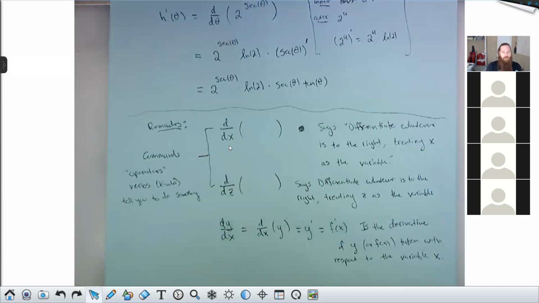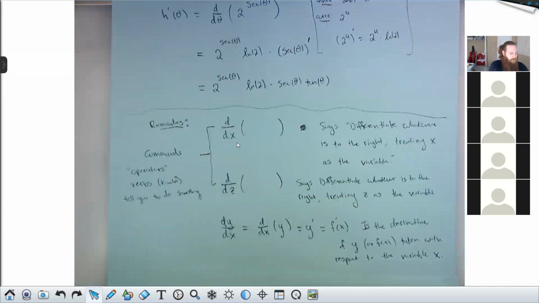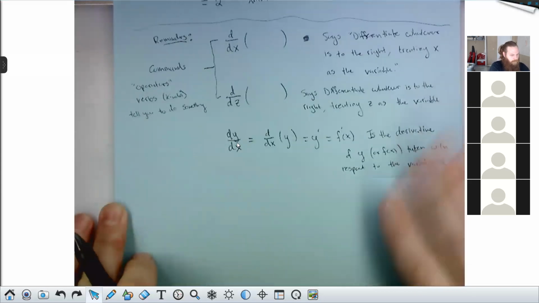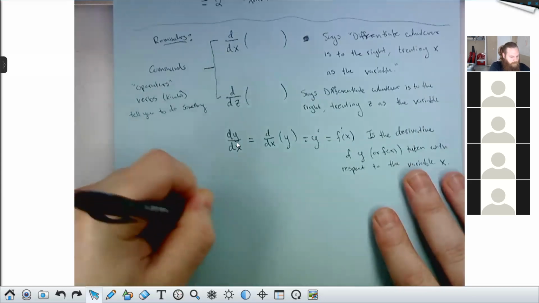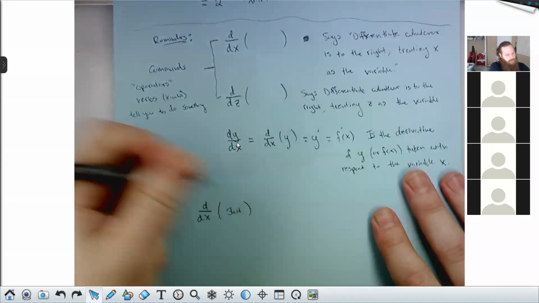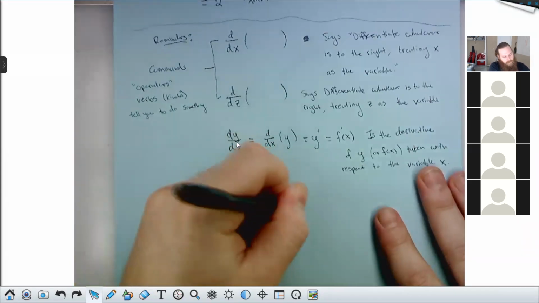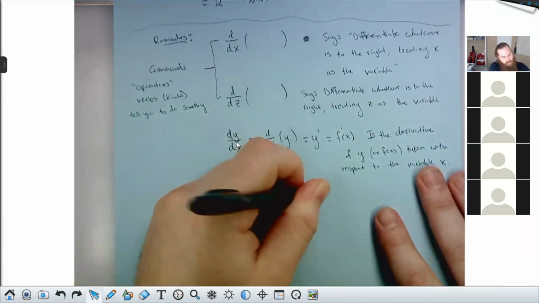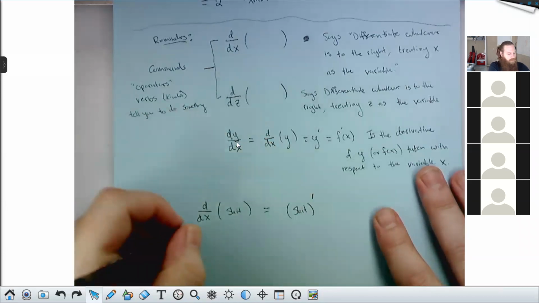So I think of it like this thing is equivalent to just the prime. If you want one more little analogy, as an operator, d/dx of some stuff is the same as that stuff primed.